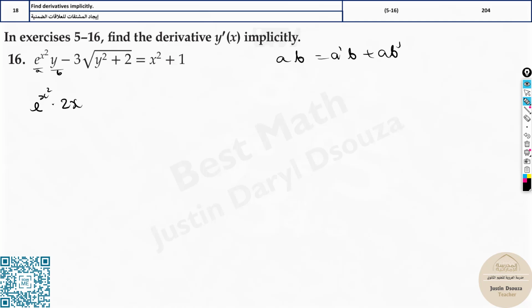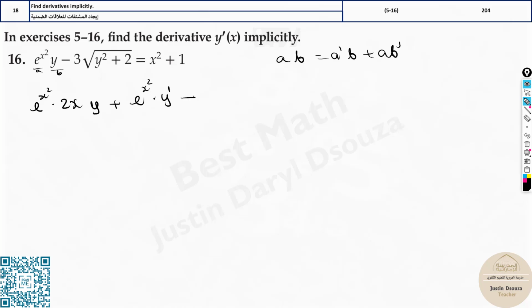If it was only x, we would multiply by 1, which we don't write. Next, it'll be plus, oh no, I have to write the b term, right? I would have forgotten. Since I have the rule here, I can easily check with it. This is all a prime, b will be y, plus, what is a? It is e to the power x squared multiplied by b prime, which is y prime. That's it. B prime is basically y prime.